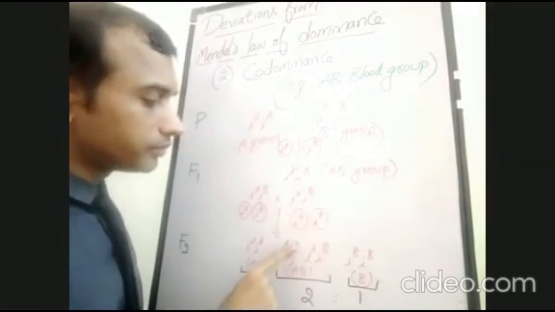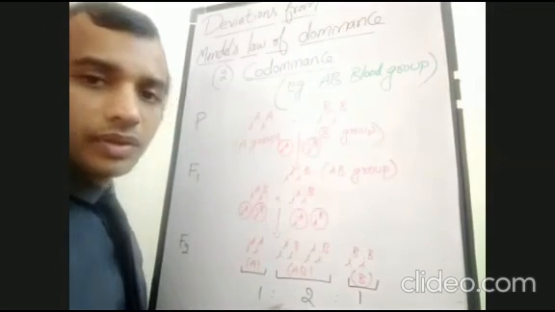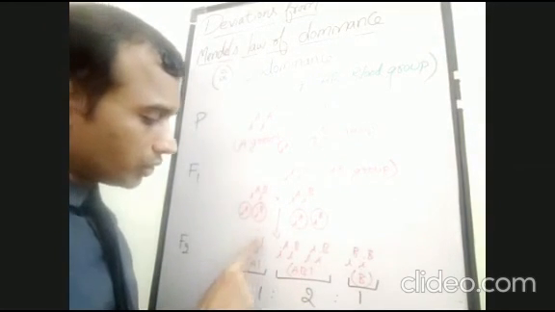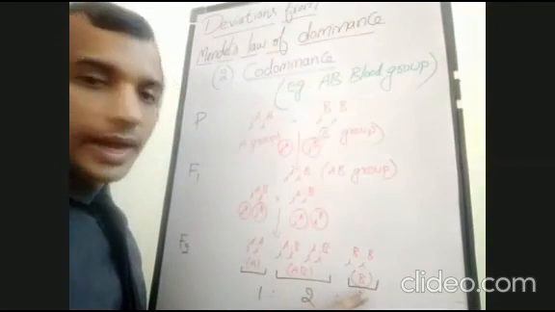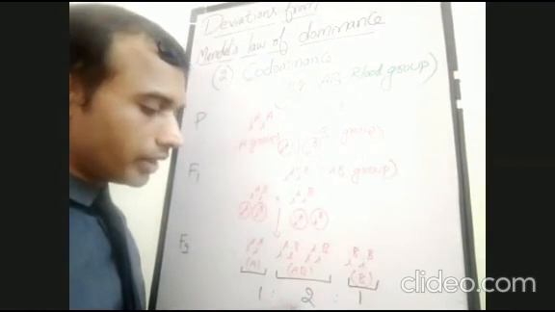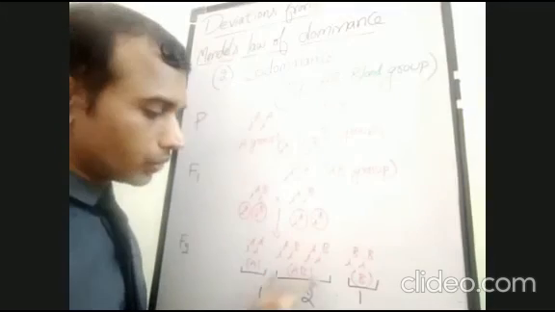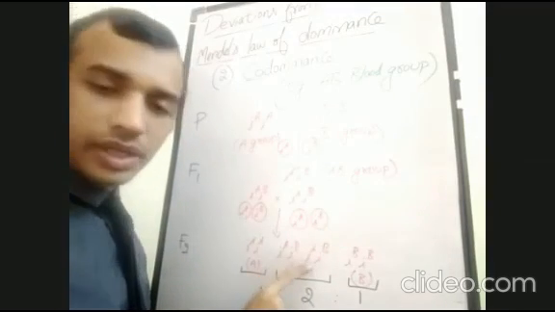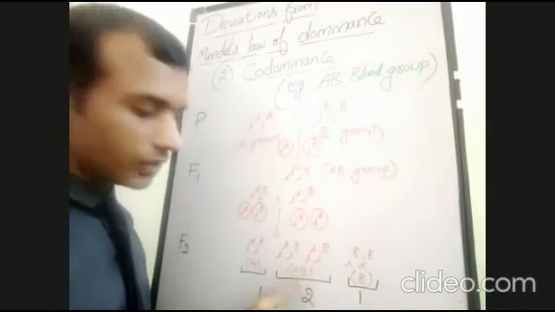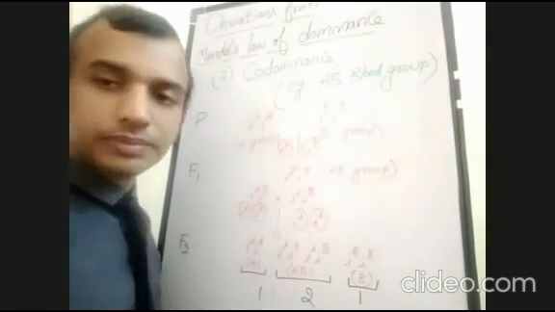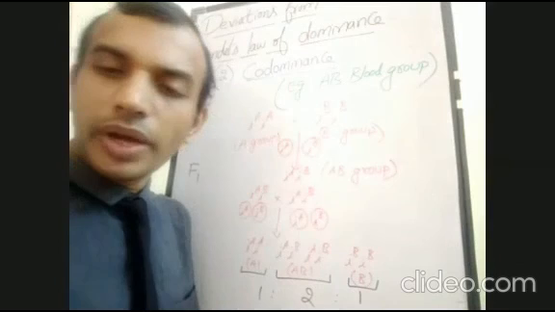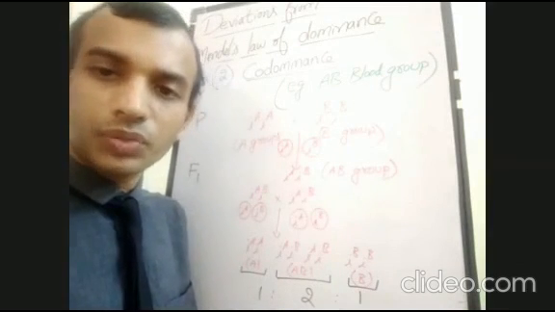Again, in the F2 generation, we observe the ratio A blood group, AB and B blood group, 1:2:1. As the heterozygous condition will have a different phenotype, you will have 2 here. So 1:2:1. The regular Mendel's monohybrid cross ratio was 3:1.